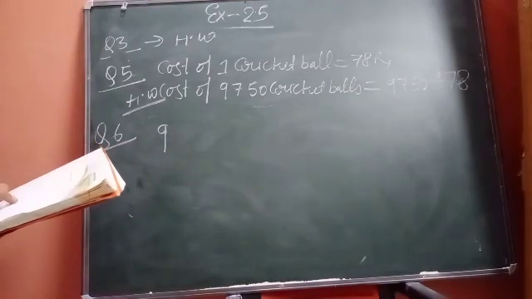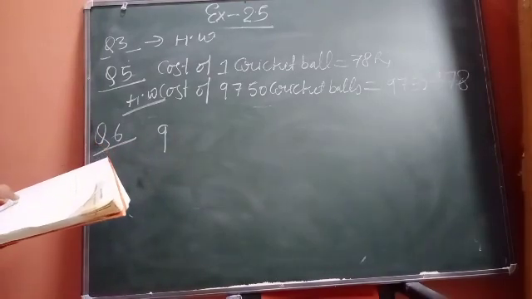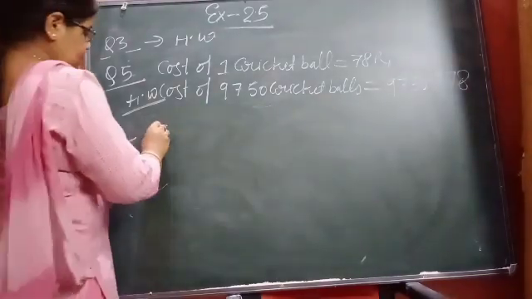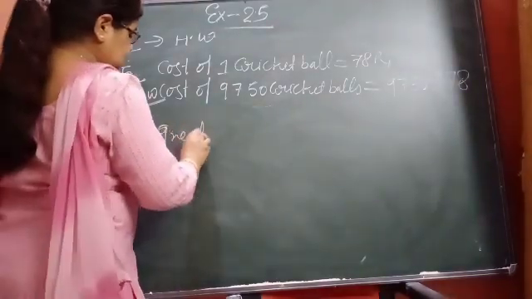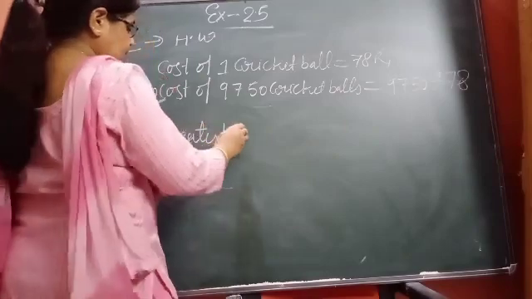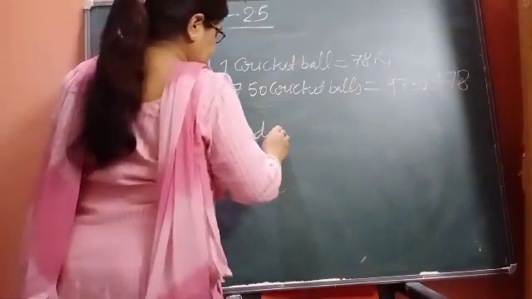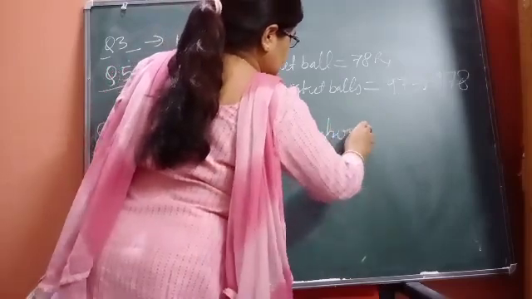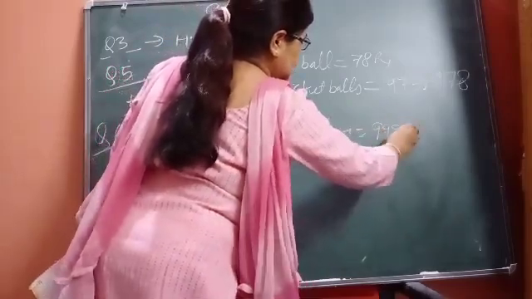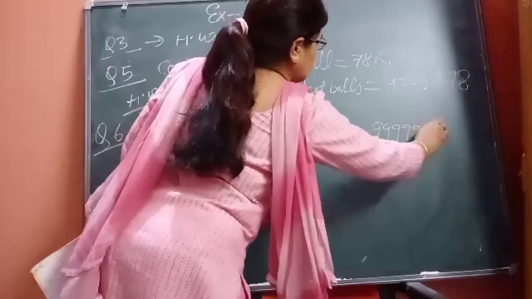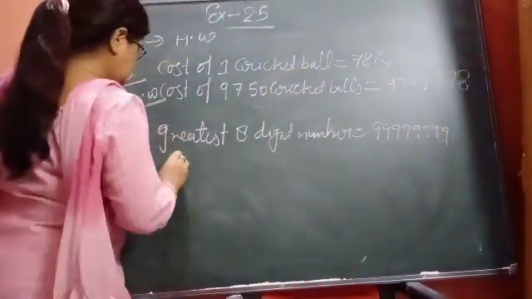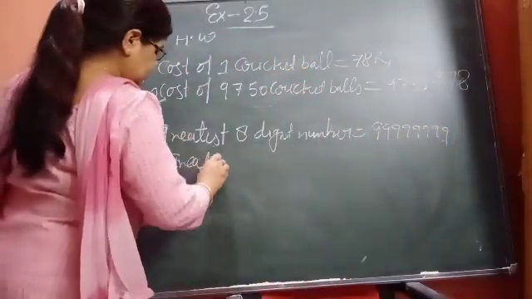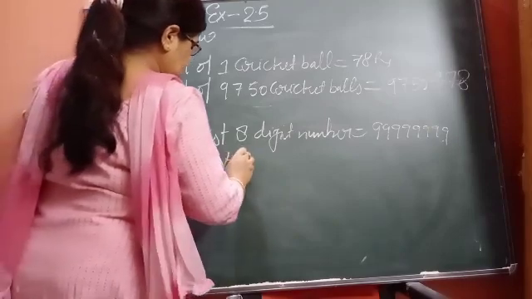Everybody of you knows that the greatest 8-digit number is always 99999999. Okay. And the greatest 2-digit number.